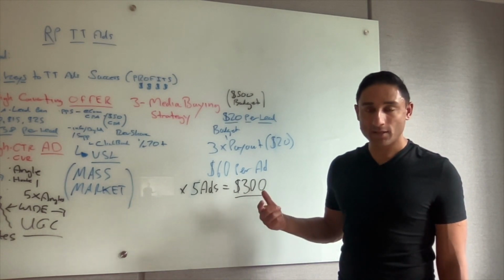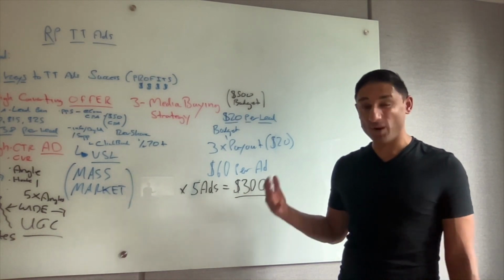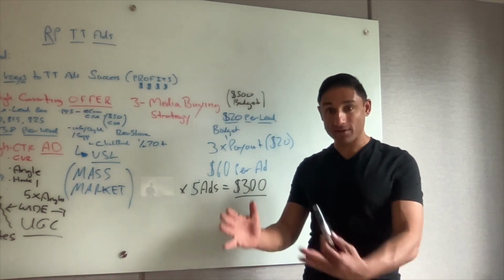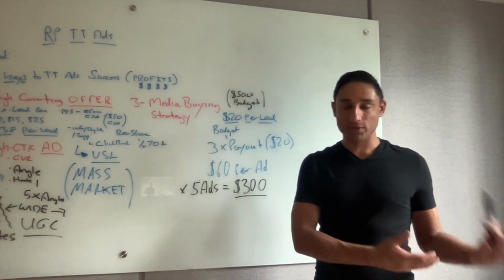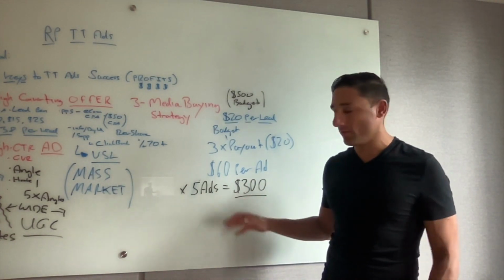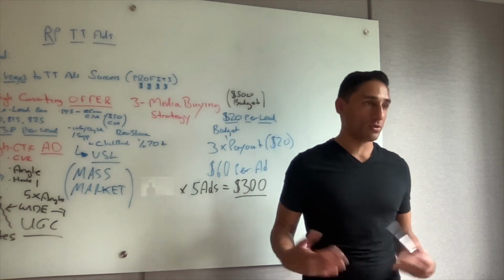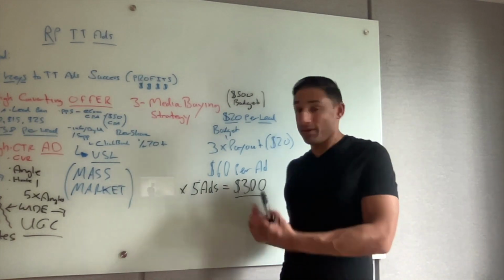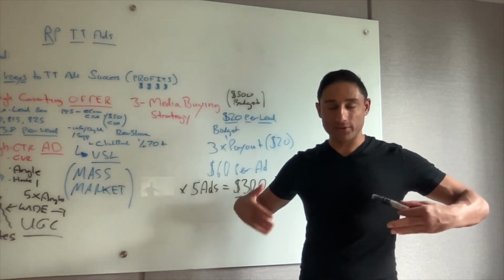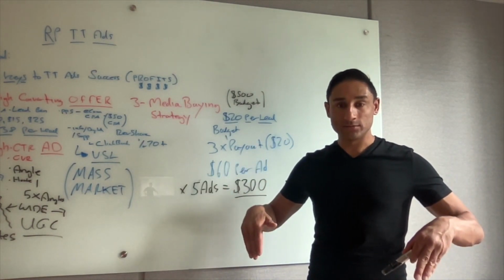Now, fortunately, TikTok ads, at the moment, are cheaper than most other platforms, okay? If you were trying this on Facebook ads or Google, let's say, it'd be a little bit more expensive. Fortunately, right now, that's why you need to jump on TikTok ads right now.